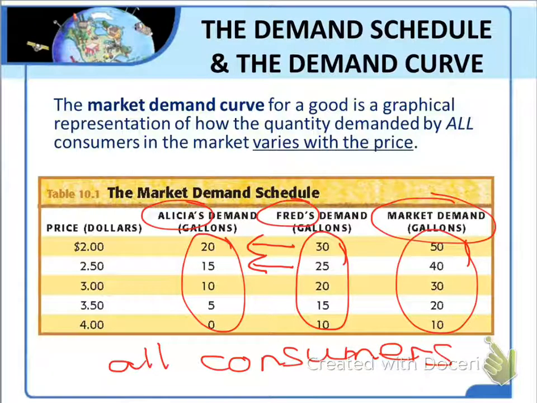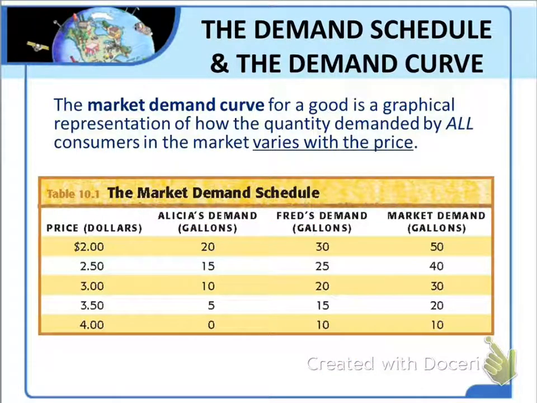For example, at a price of $2, Alicia demands 20 gallons and Fred demands 30 gallons, and so that equals the 50 gallons that would be demanded by the market. At a price of $2.50, Alicia demands 15 gallons, Fred demands 25 gallons, and that equals the market demand of 40 gallons.